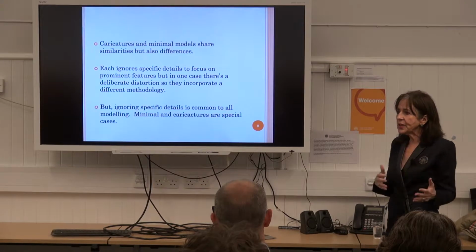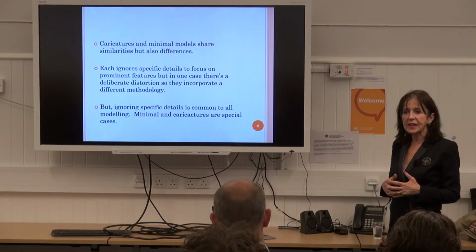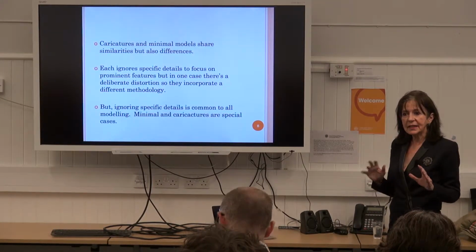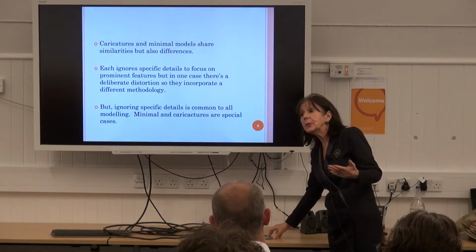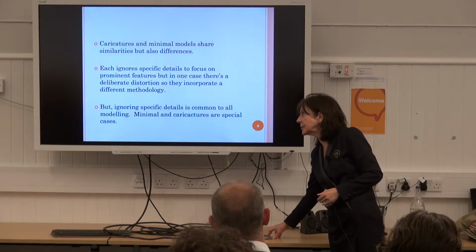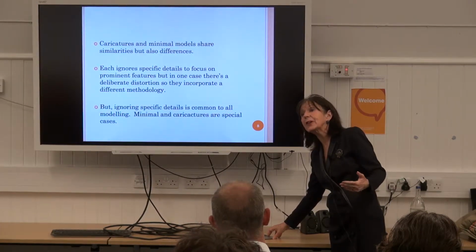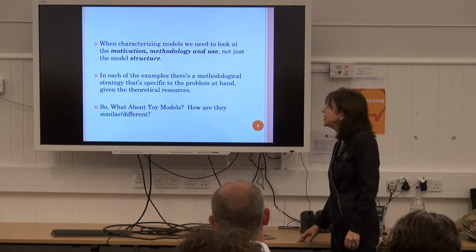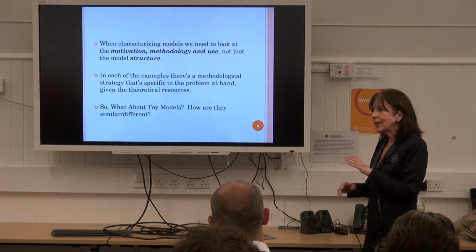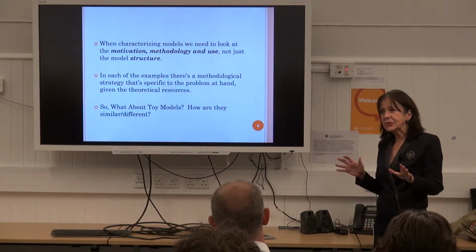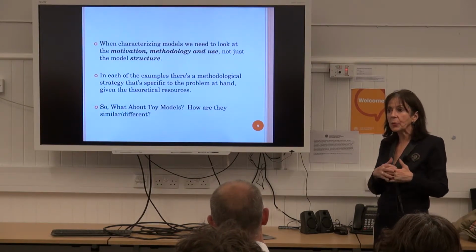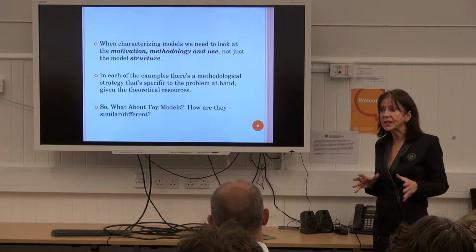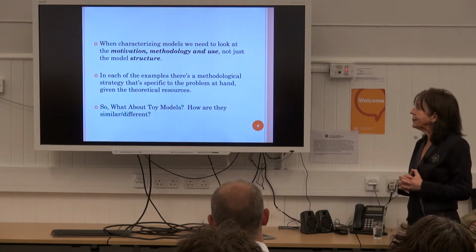So there are all sorts of reasons for ignoring details, but every model involves ignoring details of some kind or another, or deliberately falsifying details, deliberately caricaturing the details for one reason or another. So that's not an interesting way of thinking about the relationships that exist among different sorts of models.